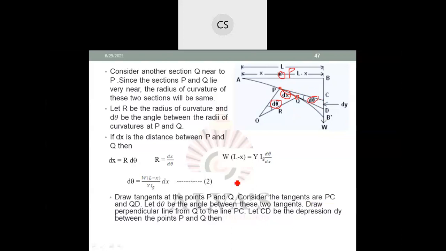Now you draw a perpendicular line from Q to the PC line. Let CD be the depression, a small amount of depression.